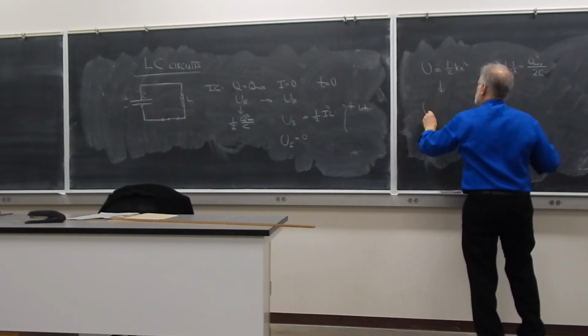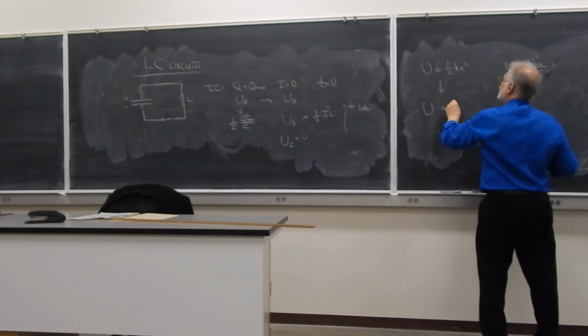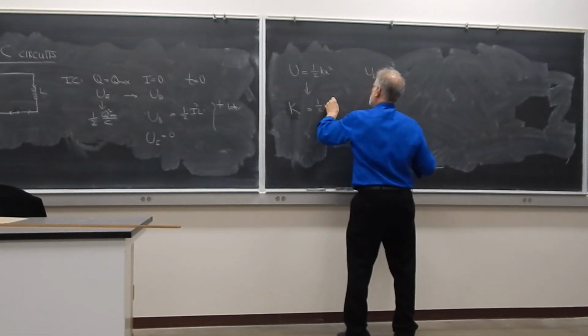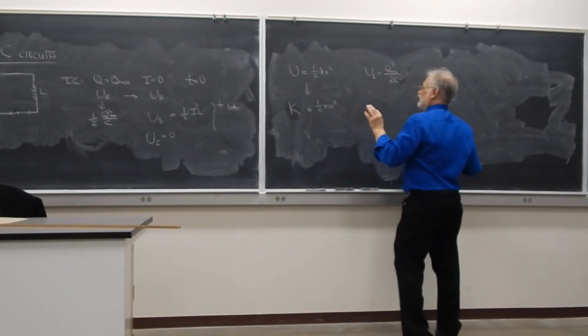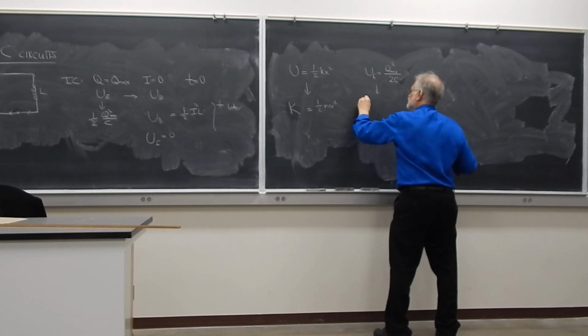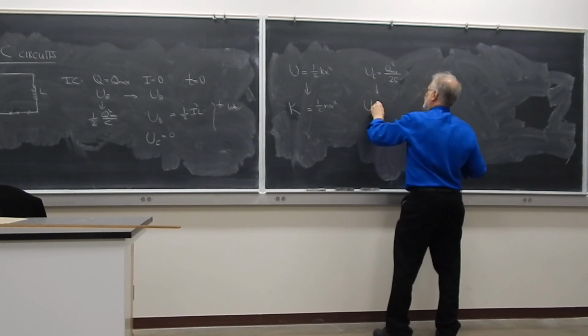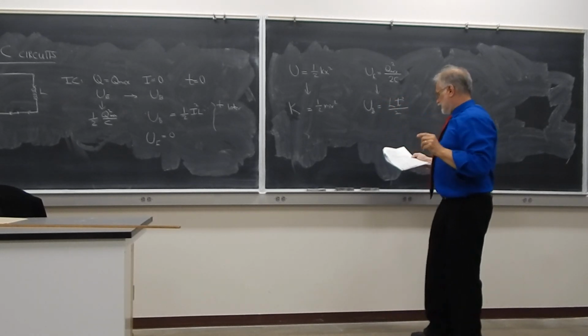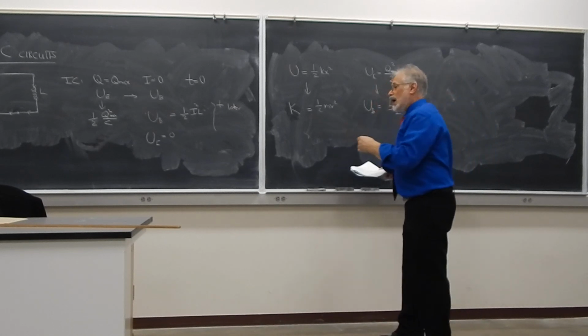This all converts, in the case of the mass spring system, to kinetic energy, 1/2 mv squared, for the moving mass on a spring. Here, this converts to the energy in the magnetic field of the inductor, which is 1/2 Li squared. And this will go on and on indefinitely.